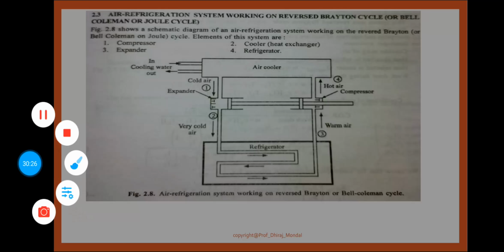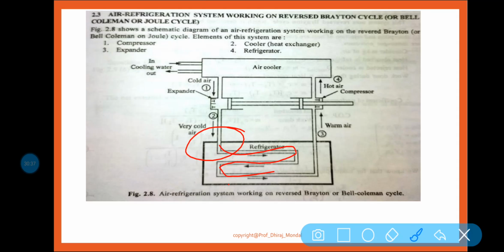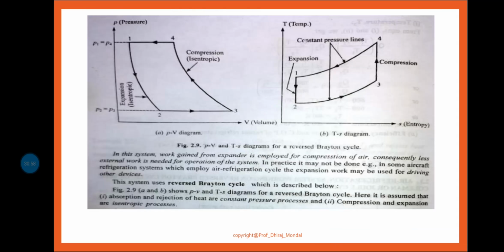So you know that whenever pressure and temperature are decreasing, at the outlet of the expander we are getting low temperature, low pressure air, and this again comes into this refrigerator or evaporator section. Again it is taking some heat and it is coming to the compressor again. So these are the processes, and compressor, cooler, expander and refrigerator are the elements of the air refrigerating system. So I hope it is clear.